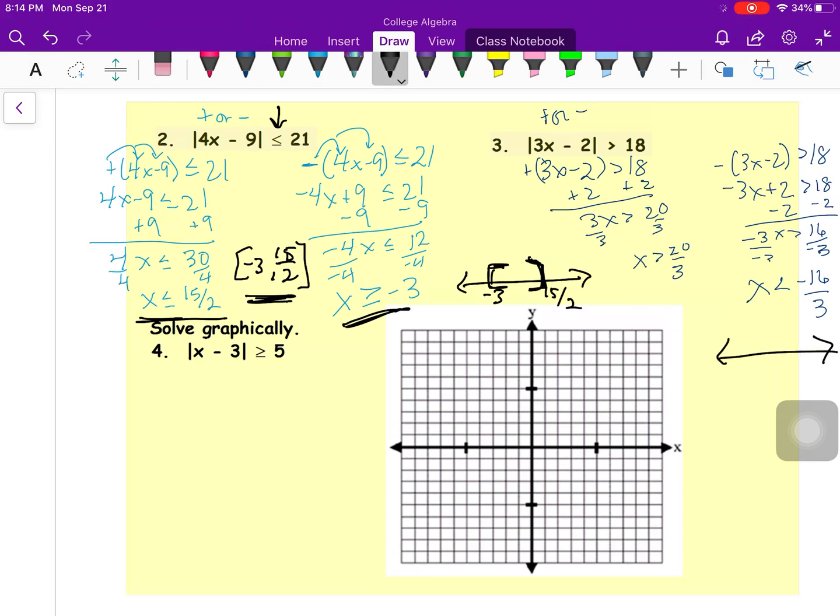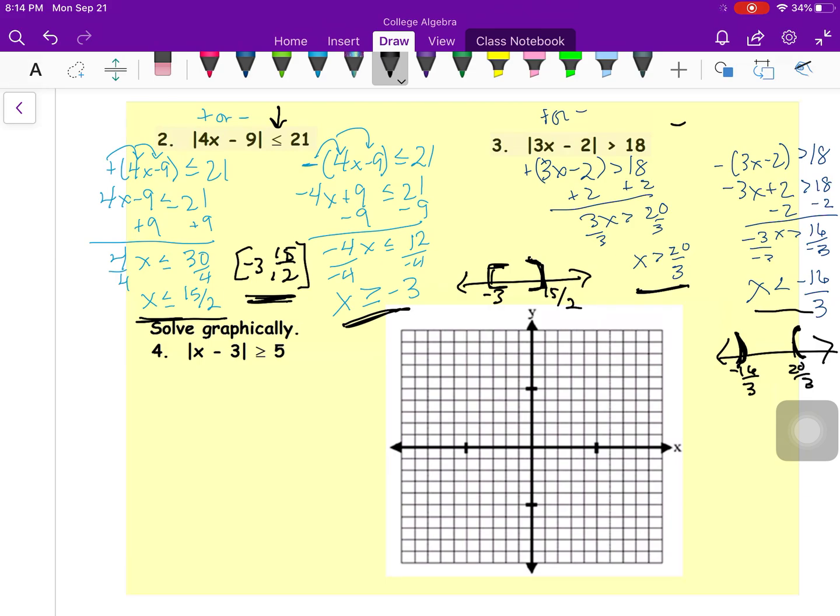So when I draw this graph, negative 16/3 is to the left of 20/3. This says greater than 20/3, so opening to the right on 20/3. This one says less than negative 16/3, so opening to the left.